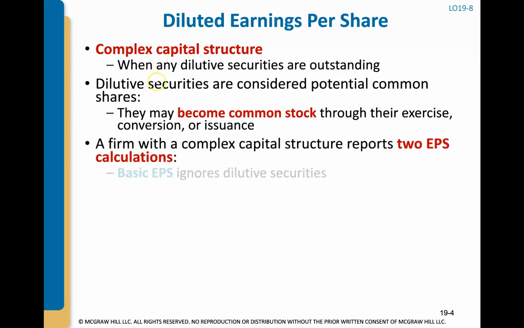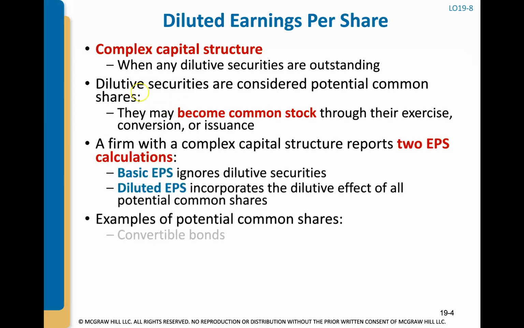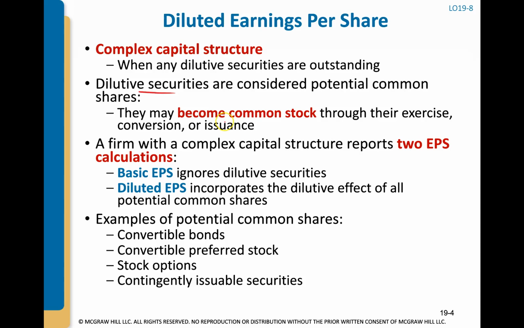The dilutive securities are types of securities that may become common stock through their exercise, conversion, or issuance. So we have our basic EPS, which ignores any of that, and diluted EPS.